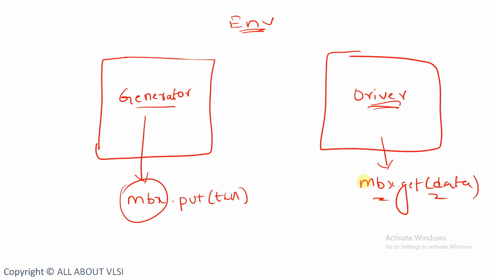This particular instance is not created in the driver or generator, it was created in the environment, mbx is equal to new, and we pass it to the generator and the driver. With that instance we were putting and getting the data. This was happening in the case of SV.